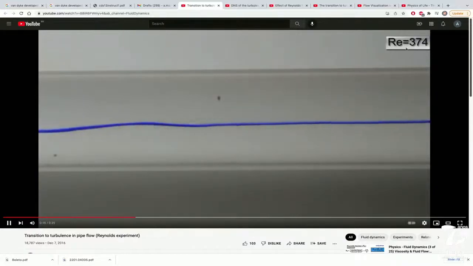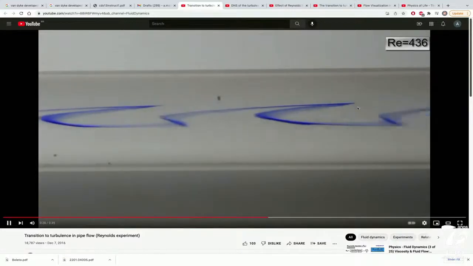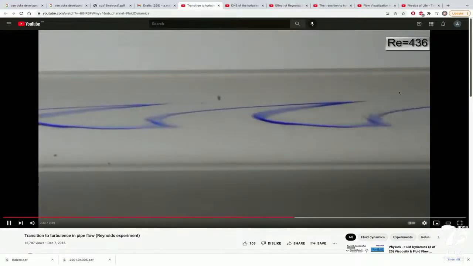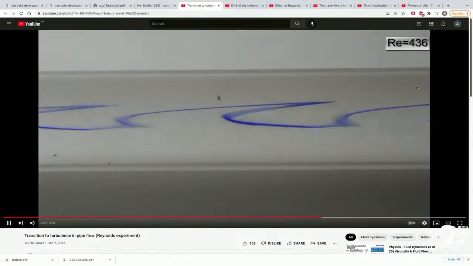It's carried by the flow, so everything is steady. And then you increase the Reynolds number, so you see it here in the corner. And at a certain moment, the flow becomes unstable, just slightly. And increasing the Reynolds number, you see some periodic behavior appears.